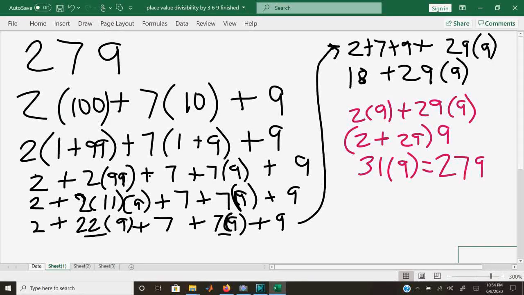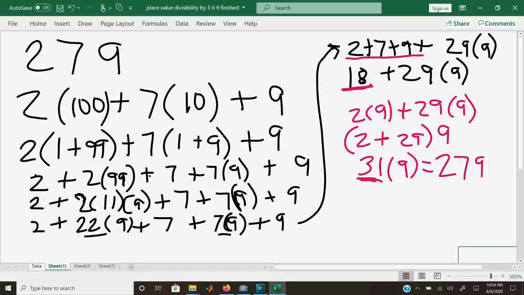In terms of divisibility, though, I don't really need to get that 31. I just need to take out a bunch of 9s and see what I have left over at the end. So if I want to decide if it's divisible by 9, I really just need to look at the sum of the digits, 2 plus 7 plus 9.